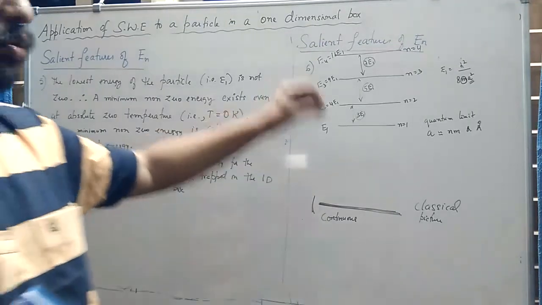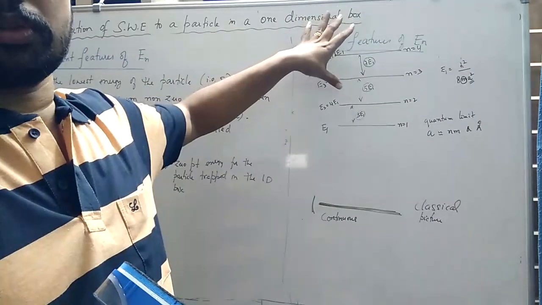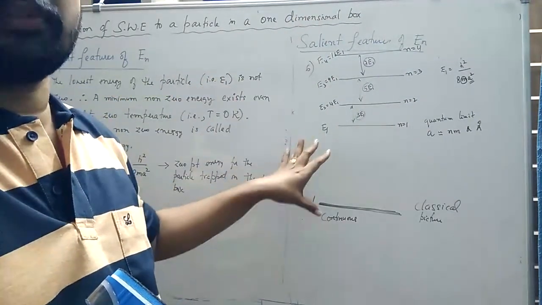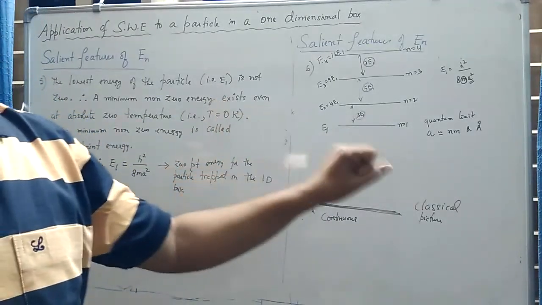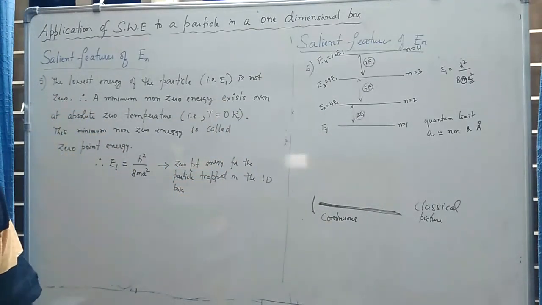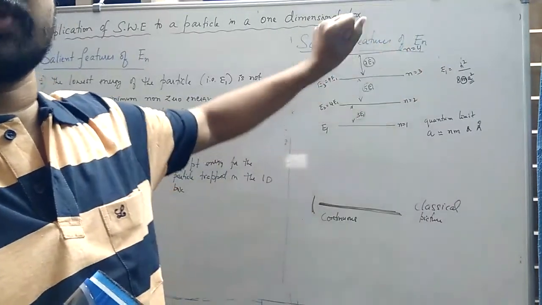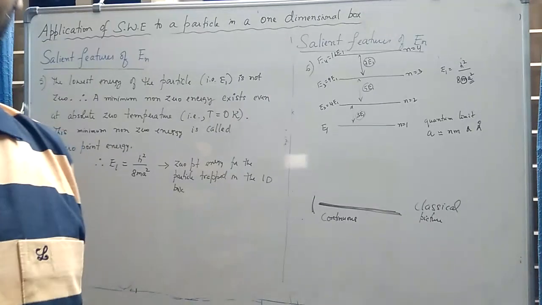When it comes to macroscopic particles, the quantum mechanical ideas slowly approach the idea of classical theory. So under ordinary conditions, we can use classical theory instead of quantum theory, but under strict microscopic conditions, we have to use quantum theory. So these are some of the characteristic features of the energy of the particle trapped in the one-dimensional box.